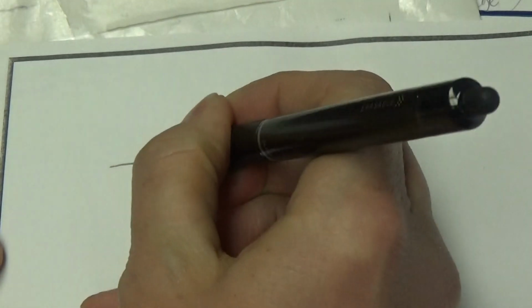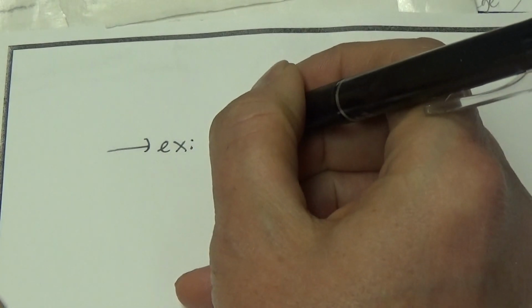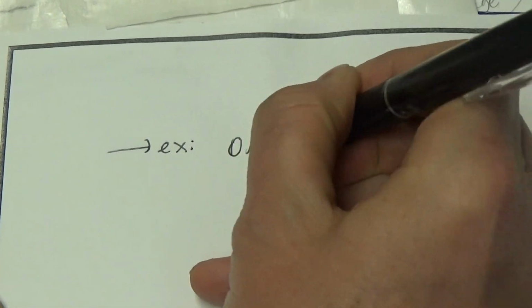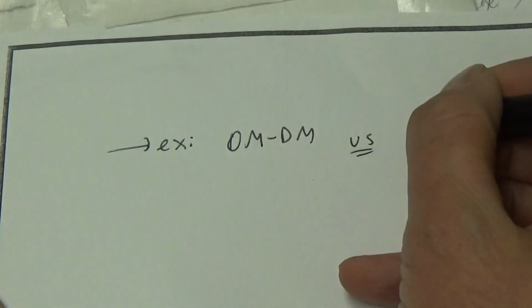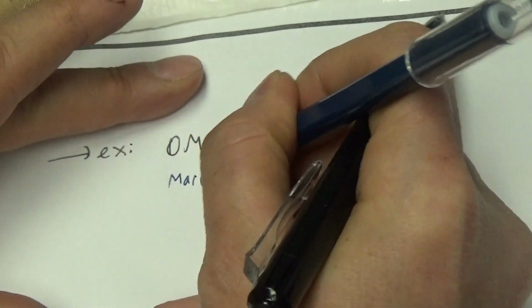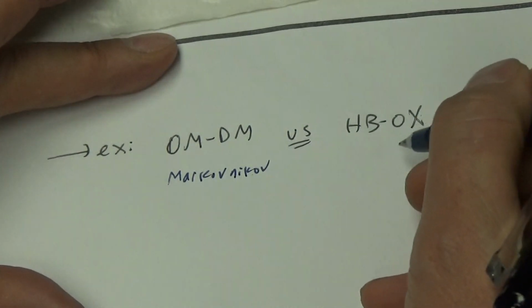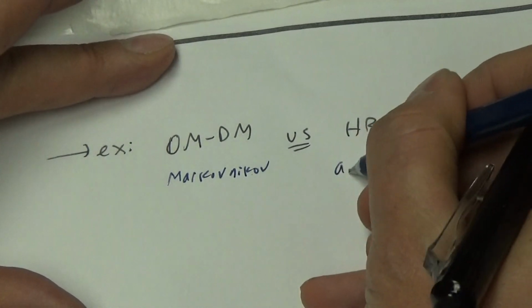And just an example, kind of comparing OMDM versus HBOX. The OMDM was Markovnikov. The hydroboration oxidation was anti-Markovnikov.